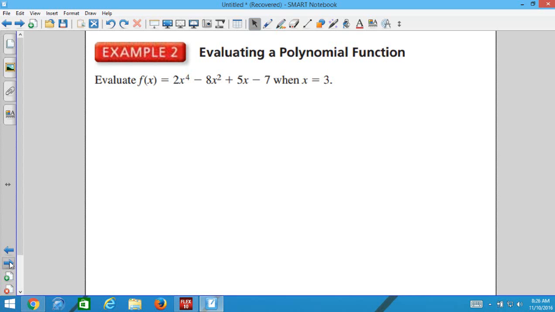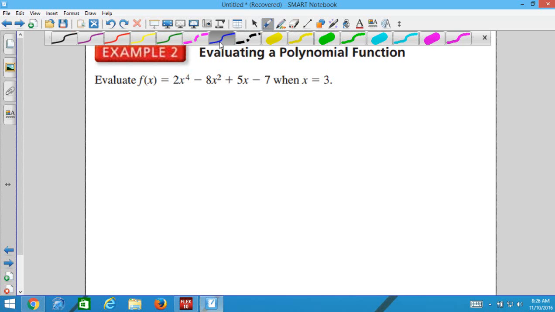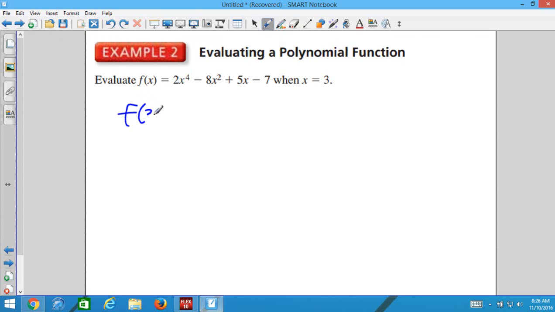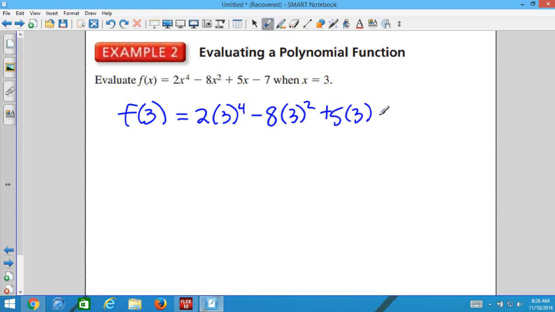What does that mean to do? Plug in x equals 3. So every place that you see an x, you're going to plug in 3. So we're going to write f of 3 equals 2 times 3 to the 4th minus 8 times 3 squared plus 5 times 3 minus 7.